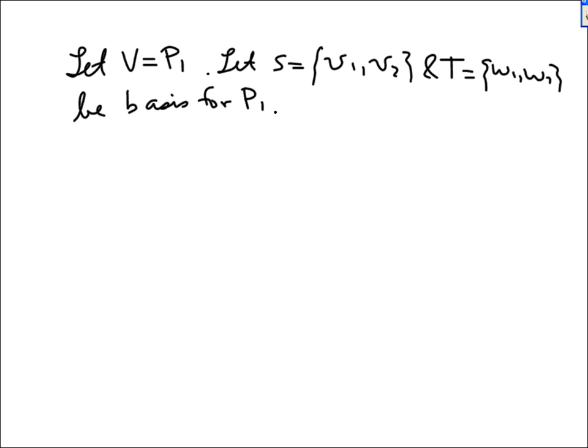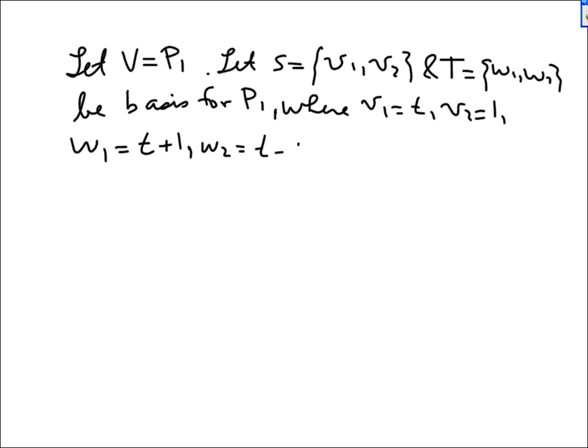So S and T are bases for P1, where V1 is t, V2 is 1, W1 is t plus 1, and W2 is t minus 1. Let V, which is some polynomial, be 5t minus 1.